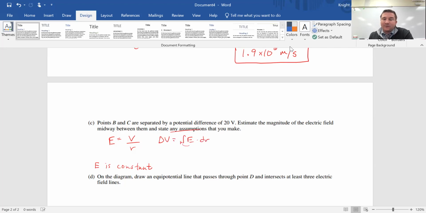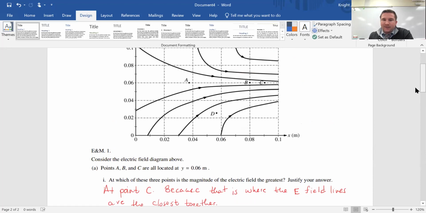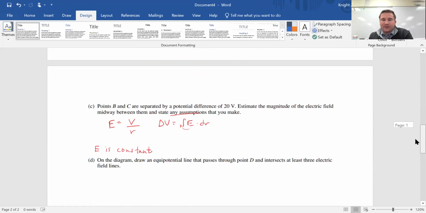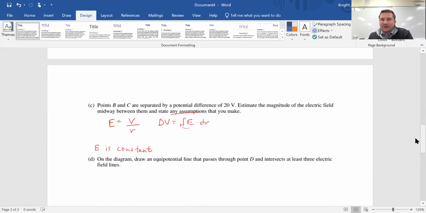We just get the integral of dr, which is just R. It's a straight line between B and C, so we don't have anything weird with our line integral there. So potential difference is equal to E times R. We resolve for that and we get E is equal to potential difference divided by R.